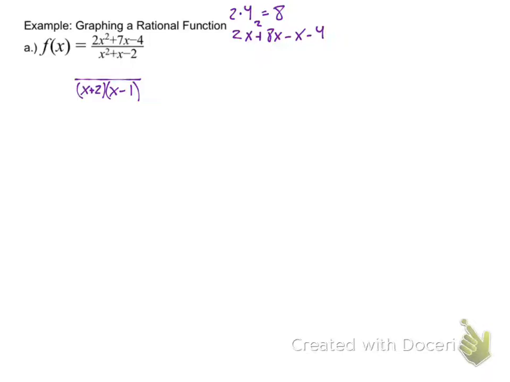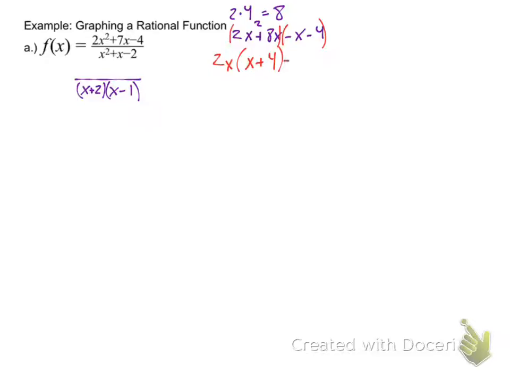Factor this thing by grouping. I'm going to change colors so we can see. I like to add that sign in the second group so I know that I'm either going to take the whole sign with it or not. What can I take out of the first group? 2x, leaving me with x plus 4. Make sure that you get an x plus 4 in the second group.